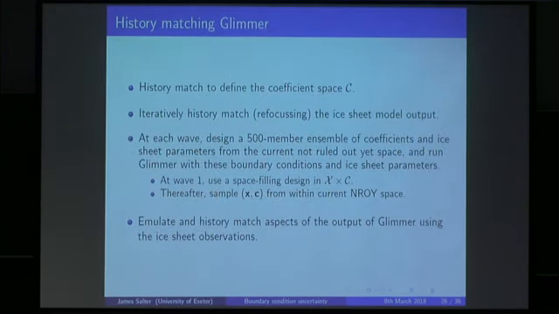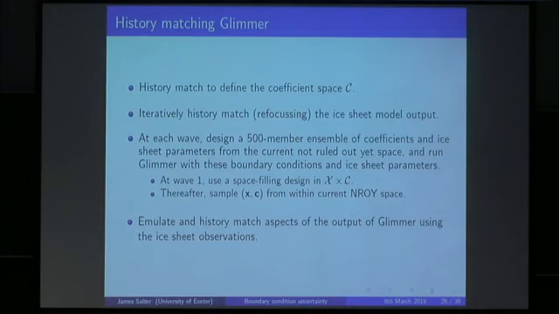So now we do the history matching to define our coefficient space. Then we can draw samples from our space of the ice sheet parameters and the space of the coefficients, run our ice sheet model with these, get the output, and then emulate the output and start history matching.